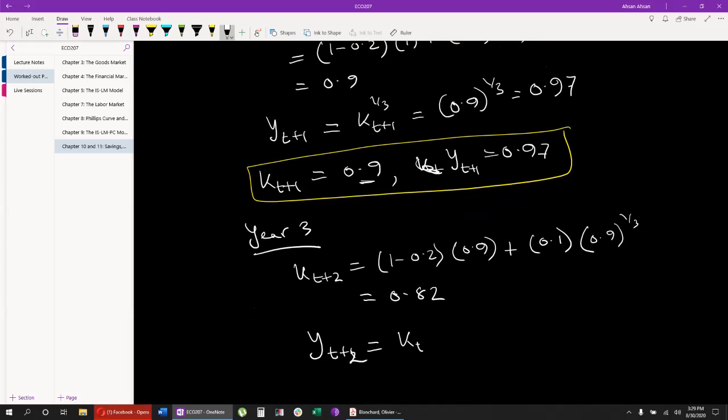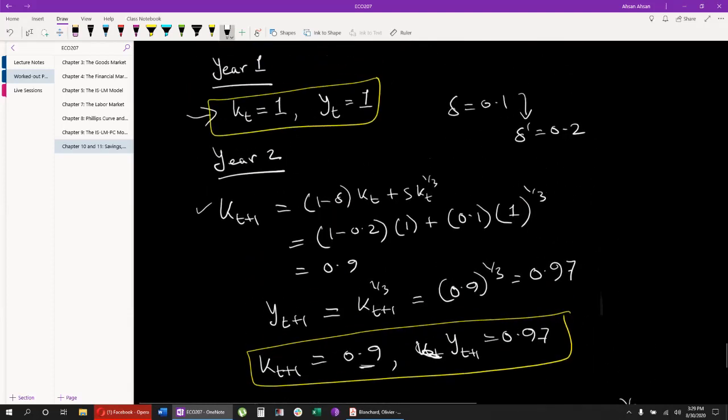So that's of course KT plus 2 to the power 1/3. So 0.82 to the power 1/3, and that gives us, and so we can keep calculating this, okay?